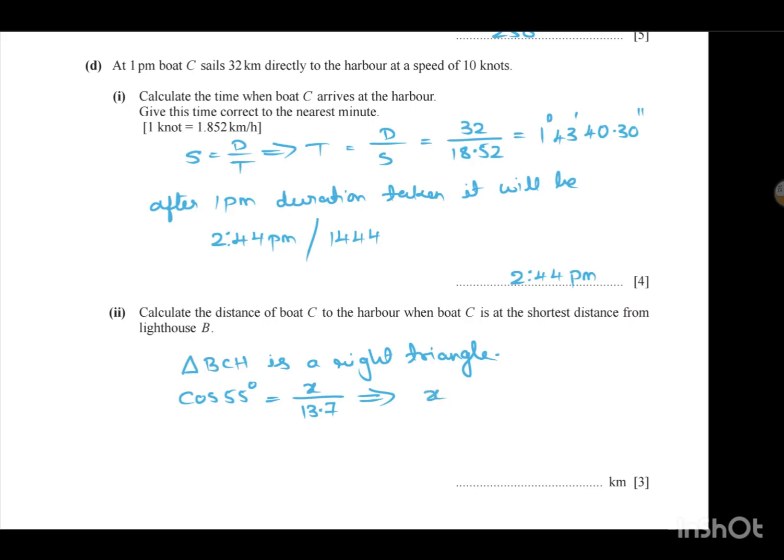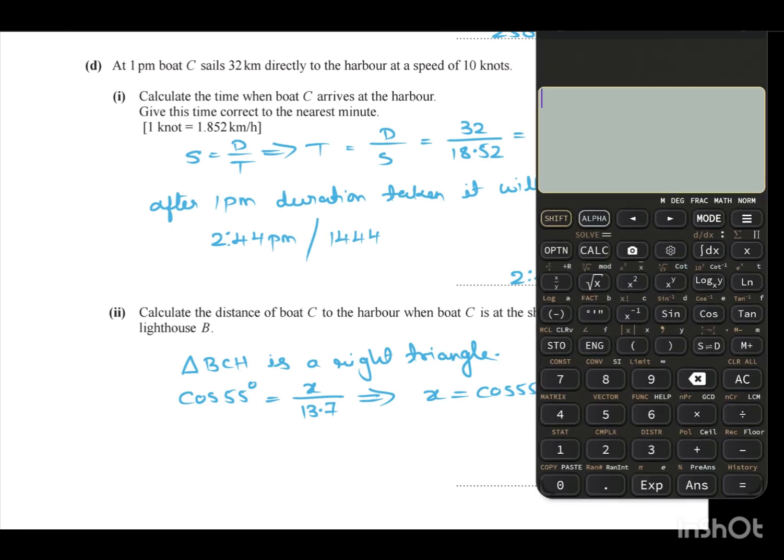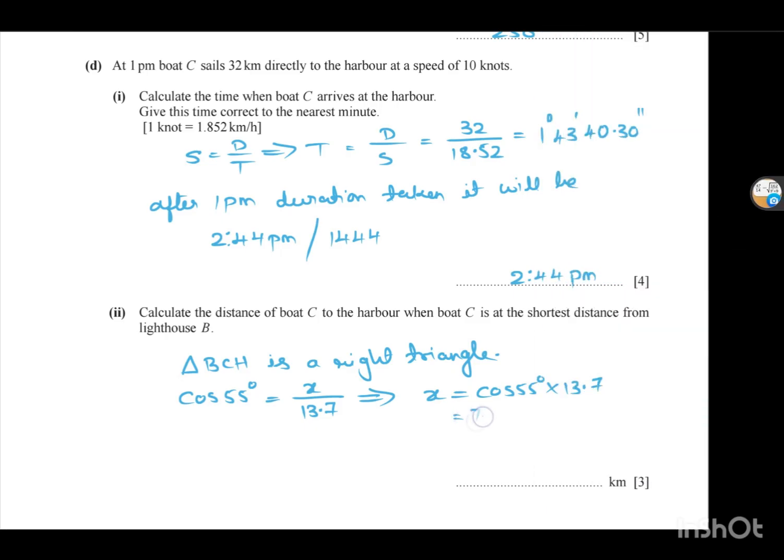So you can find x by doing cos 55 multiplied by 13.7. Cos 55 multiplied by 13.7 is 7.857. 7.857 kilometers. Round to two decimal places, or you can just round to one decimal place. So it will be 7.86 kilometers. This is done.